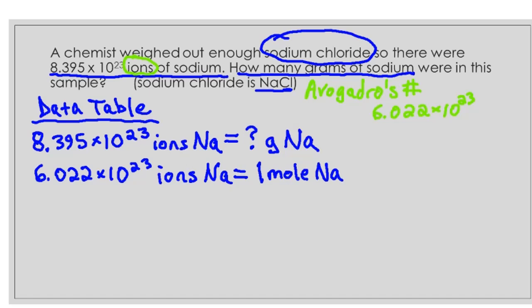We're just going to let that fall off to the side, because the question is how many grams of sodium. It says nothing about sodium chloride. It says how many grams of sodium were in this sample. And when they weighed out enough sodium chloride, it gives us the 8.395 times 10 to the 23 ions of sodium.